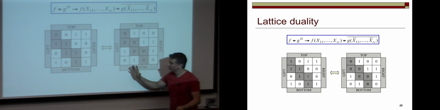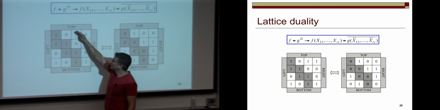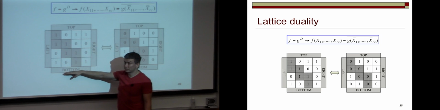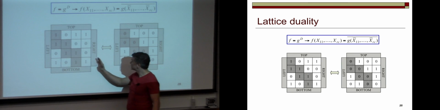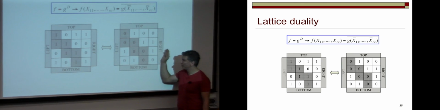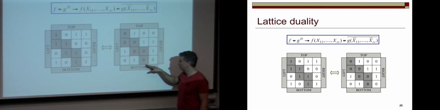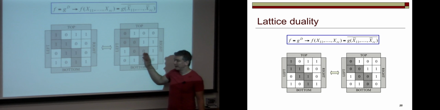But the point of the argument is that if I would have a connectivity from top to bottom for the function, so that function would evaluate to 1, then the dual function, which is the function from left to right, would be the function where, in evaluating the dual function, I would flip all the variables, so I would have all the 0s. And now that function from left to right would have to be 0.